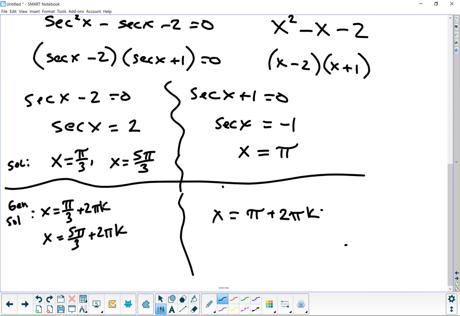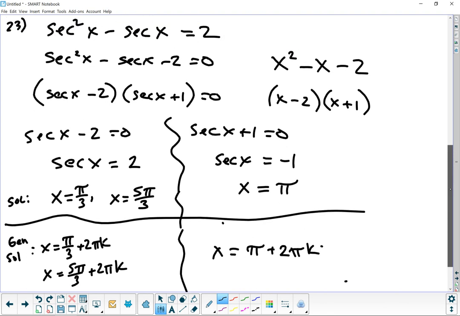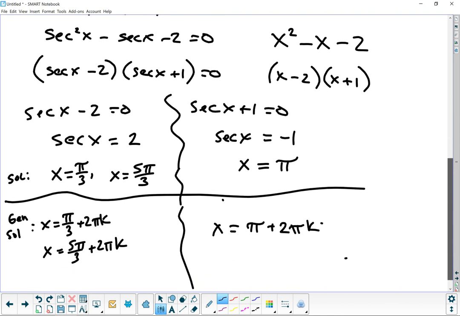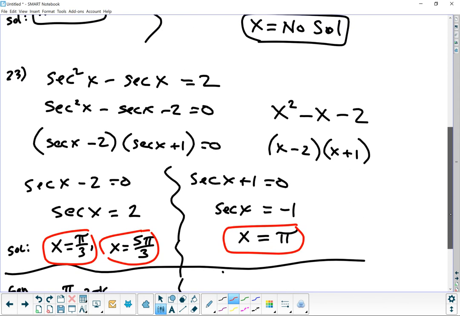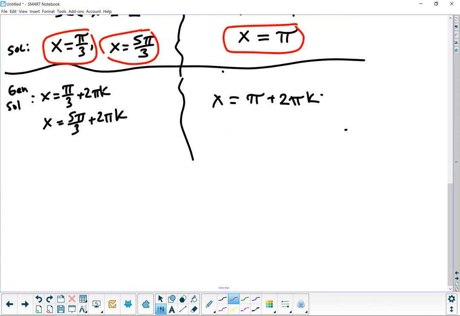Okay, so those are our solutions. This one, we have a total of 1, 2, 3 solutions in the first revolution of the unit circle. Number 23 done. Right, next one. 25.